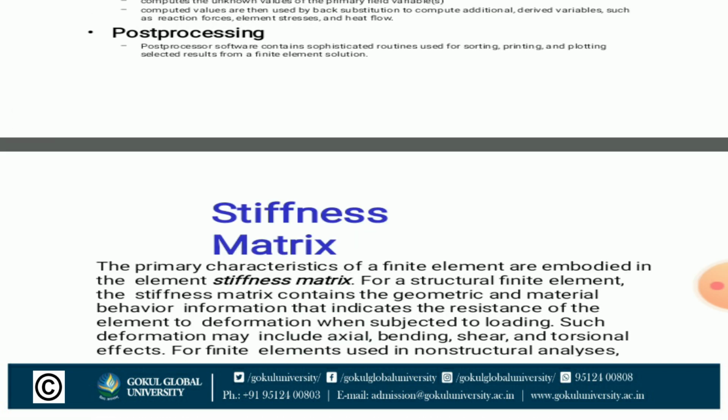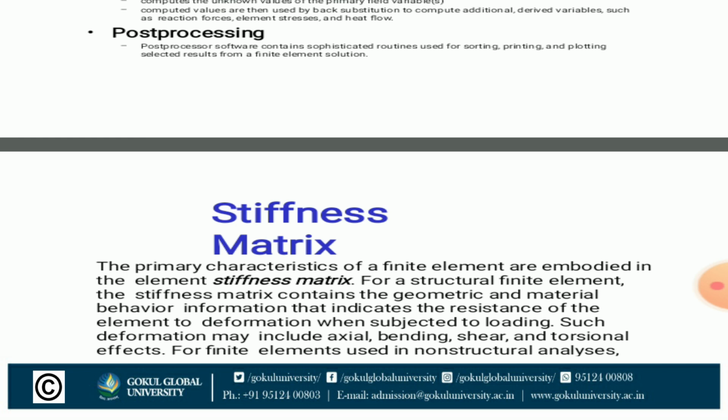Next we will discuss the stiffness matrix, which you have studied in 11th and 12th science mathematics, and also in first or second year engineering mathematics. The primary characteristics of the finite element are embodied in the element stiffness matrix.